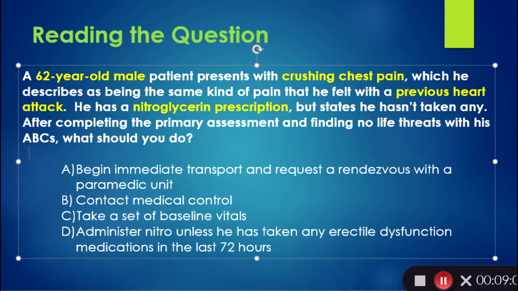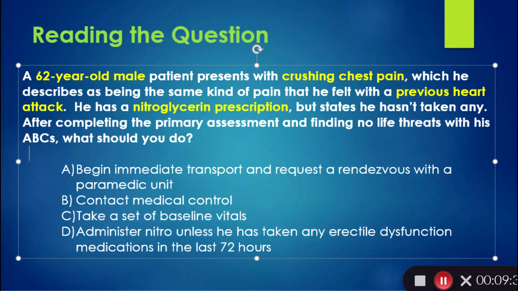No life threats with his ABCs, but he is experiencing that crushing chest pain. Okay. So what would I like to do with him? Before I look at my answers, what do I need to do? I've looked at my ABCs, so his airway is patent, his breathing is fine, his circulation is good. Okay. I'm not seeing signs of shock. That's in my circulation part of the ABCs.